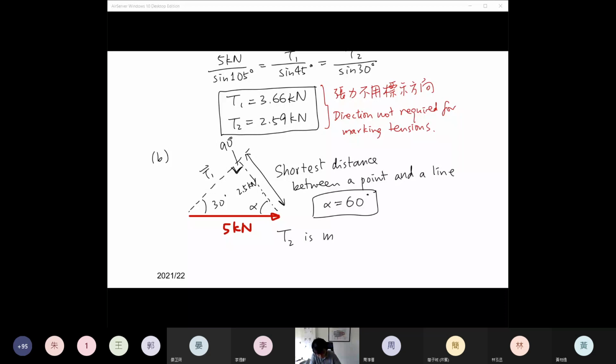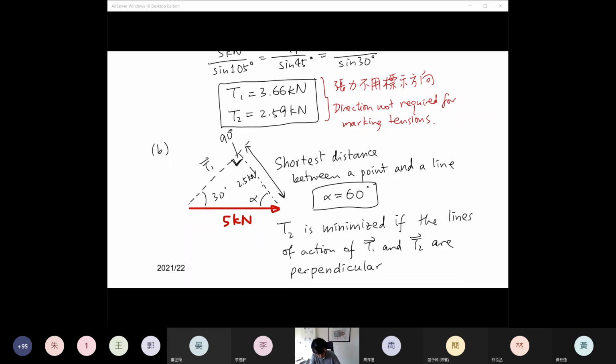T2 is minimized if the lines of action of T1 and T2 are perpendicular to each other. You can copy it.